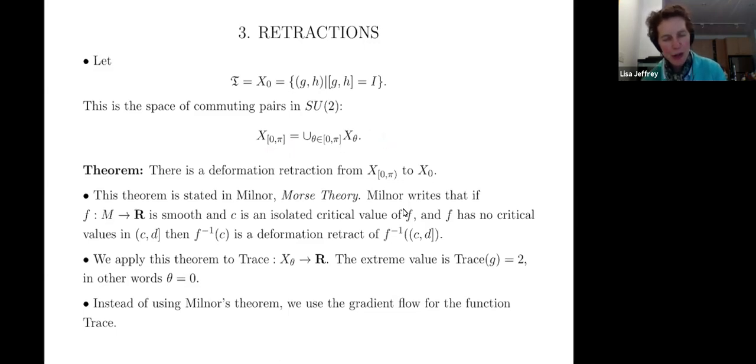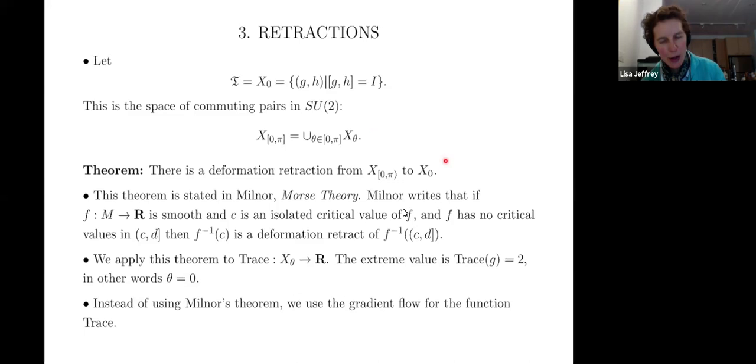And I will use this notation frequently, where X sub open interval or closed interval or half open, half closed interval means the union of all the thetas in the appropriate interval. So this notation will apply also to the W sub thetas.